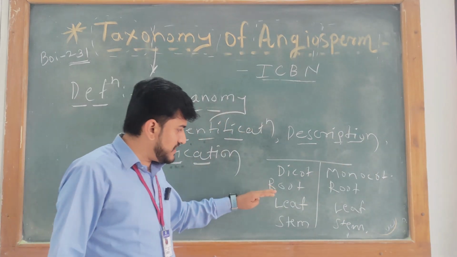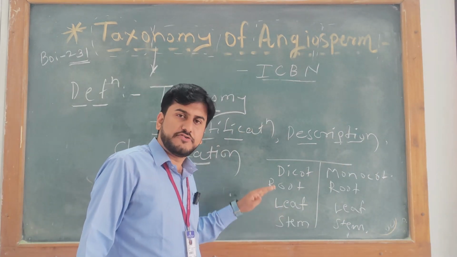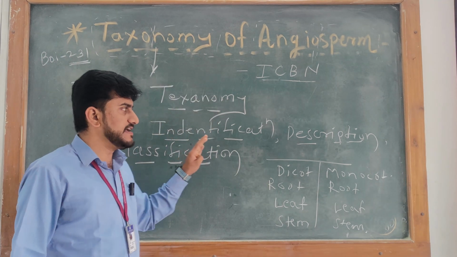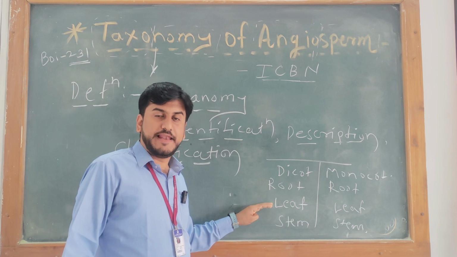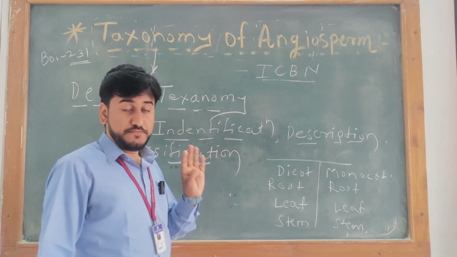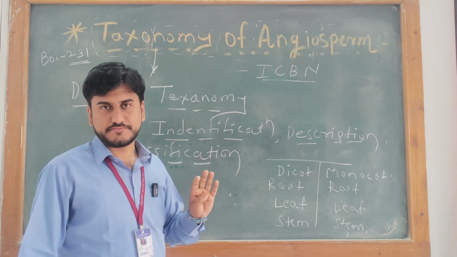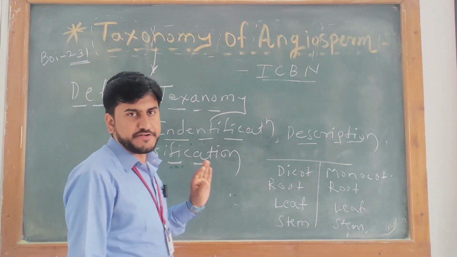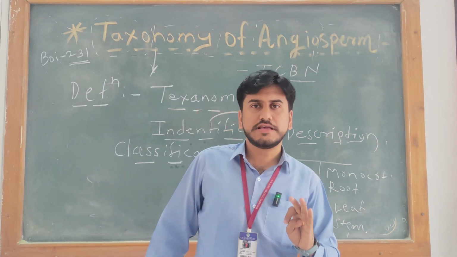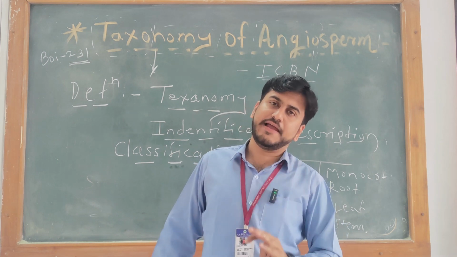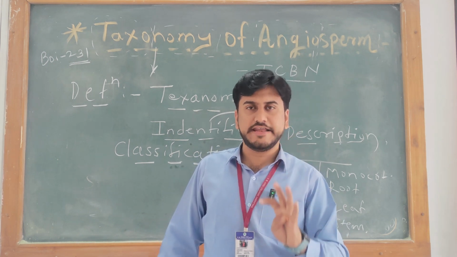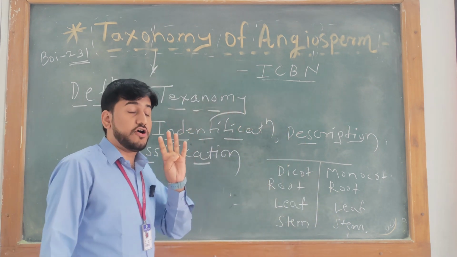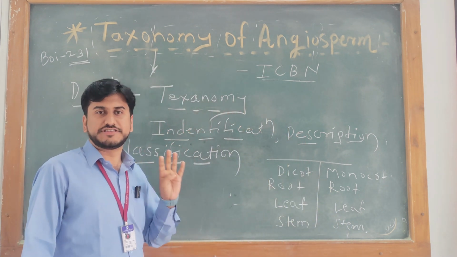Using these parameters we study the classification and identification of the plant by taxonomy. Classification is most important because whenever you observe, identify or study any plant body, sorting the plant group is most important.